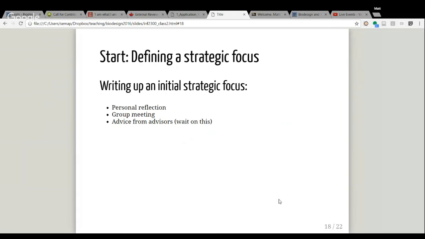So you're not necessarily going to have the full set of details that you might need for truly defining a strategic focus, in particular in terms of the medical areas in which you might want to focus. I still think that you can come up with some interim ideas and interim thoughts that you can write up for this first assignment, and of course you can revise these as the course progresses.